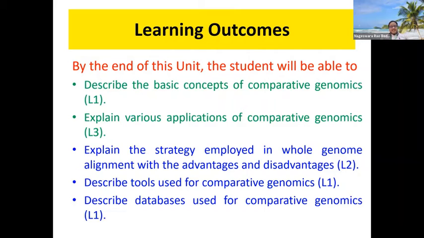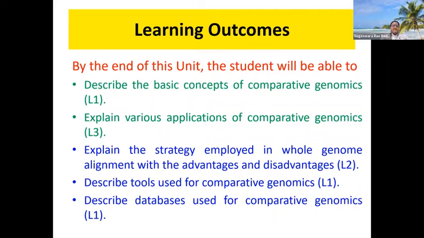What are they in medicine? What are they in agriculture? And what are they in research? That is the second learning outcome we have, and we have to learn these applications.